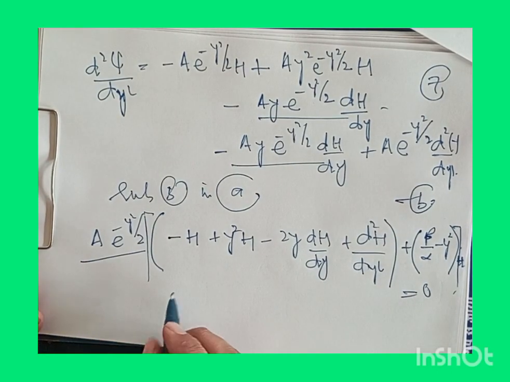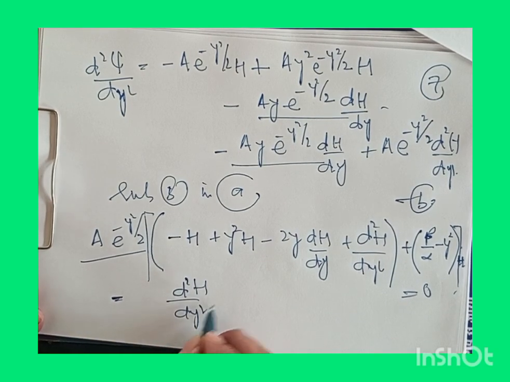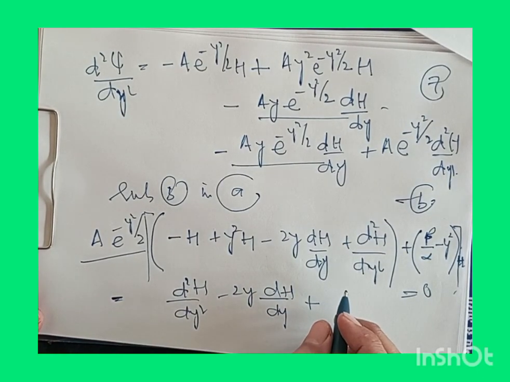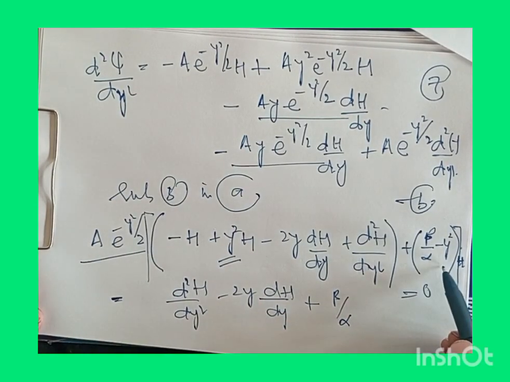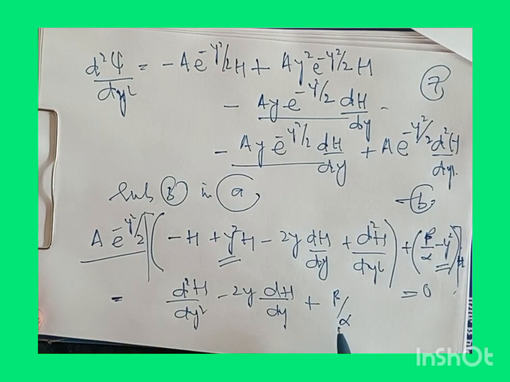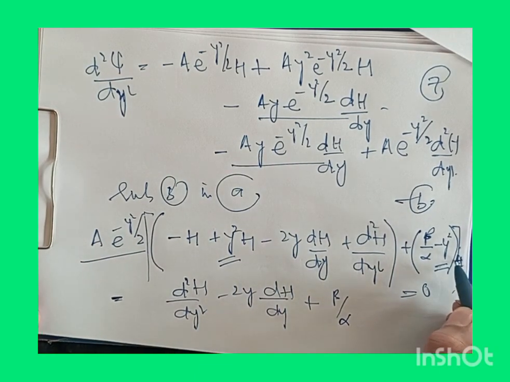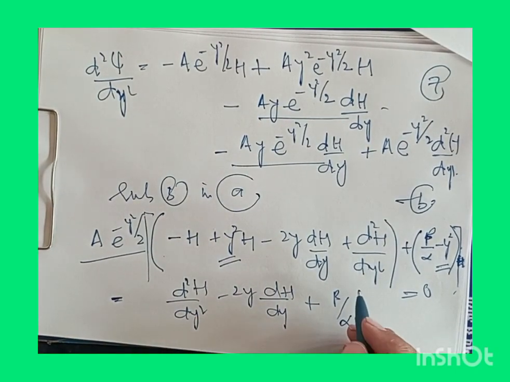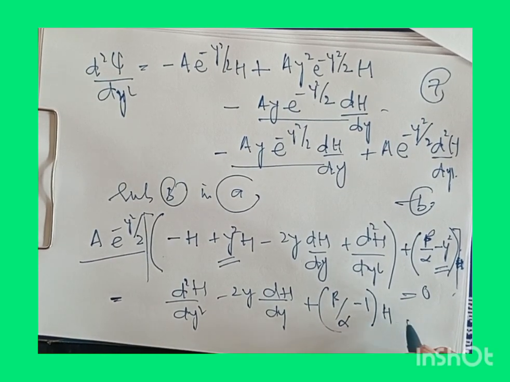So what we have equal to 0 is d2h by dy2 minus twice y dh by dy plus beta by alpha. This y squared term is going to die with this minus y squared term. Here h is common. You should keep that in mind. This is multiplied by h, and what will be left is beta by alpha minus 1 times h is equal to 0.